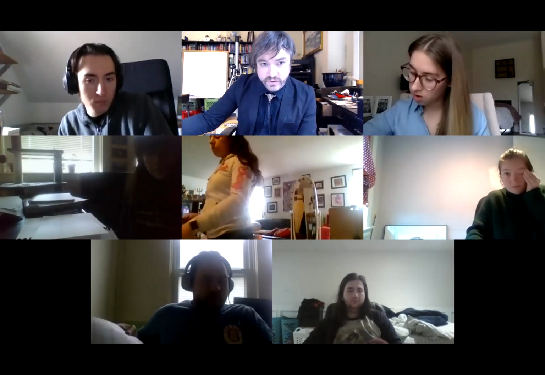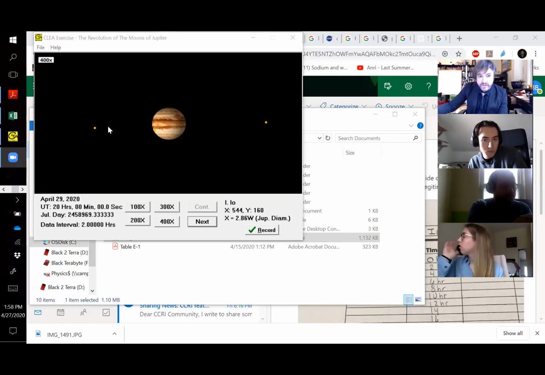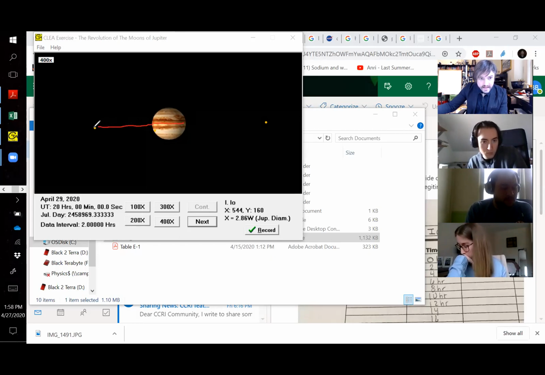Basically, you'd use a CCD camera to take images of the moons night after night, and you would attempt to use your CCD camera to measure the number of pixels across that Jupiter was, and then you could use that to measure the distance to your moon, and then you could perform the same exercise that we just did to create a sine wave and analyze the data and measure the mass of the planet. So it's kind of neat to go through that, because you can see how an astronomer would actually go from observations to getting a calculation like the mass of Jupiter.